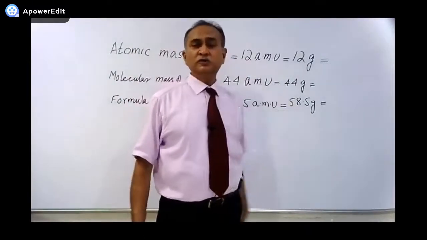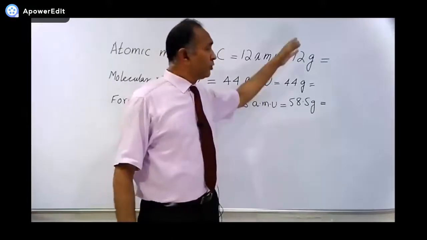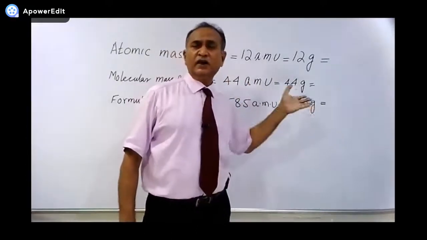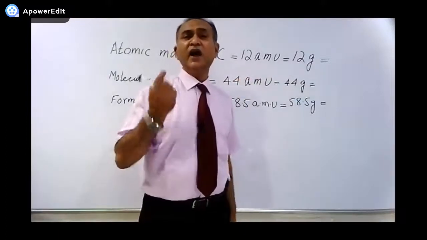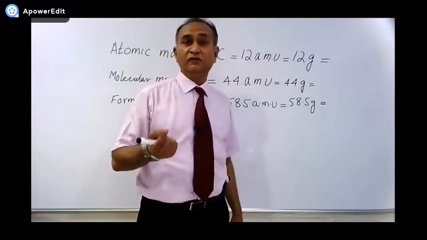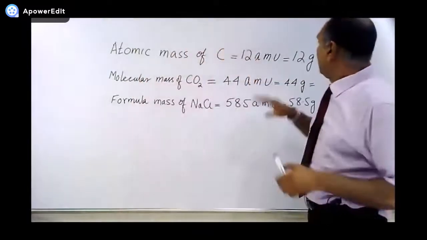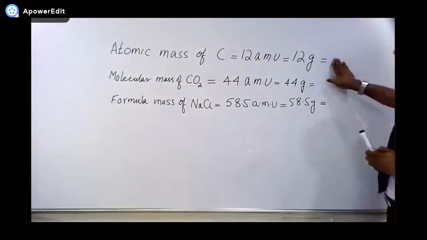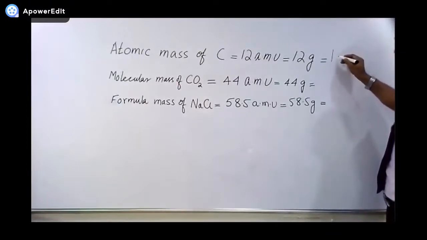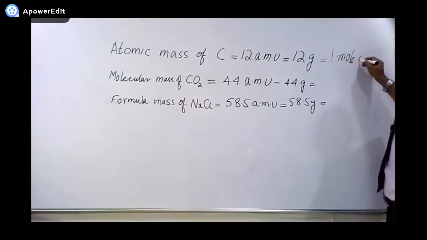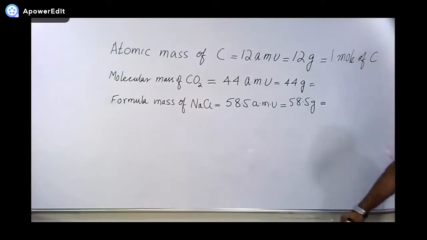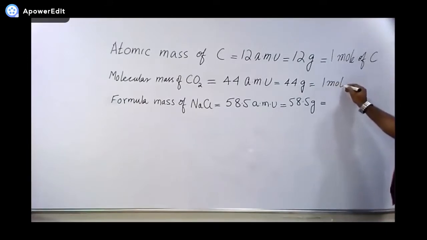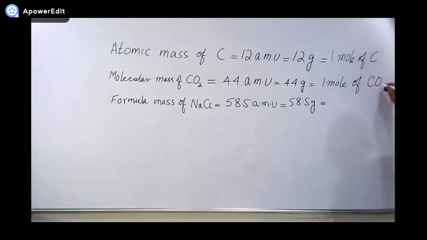According to the definition, if you represent in this way, then this will be called 1 gram mole or simply 1 mole. What does it mean? It's not so hard. What should I write here? I write here 1 mole of carbon. 1 mole of carbon dioxide. 1 mole of NaCl.